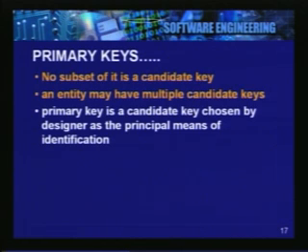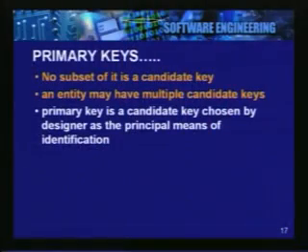Now, how do we define primary key? Basically, a primary key is a candidate key chosen by the designer as the principal means of identifying an entity. So, you say that although both employee number and employee name are candidate keys, I will prefer employee number as a key, and therefore, employee number will be designated as the primary key.